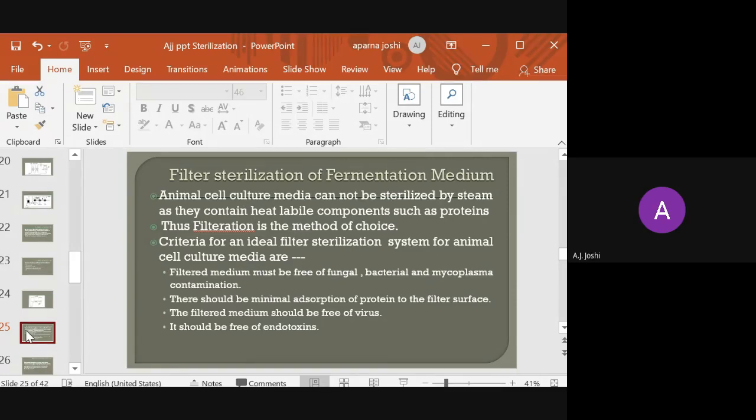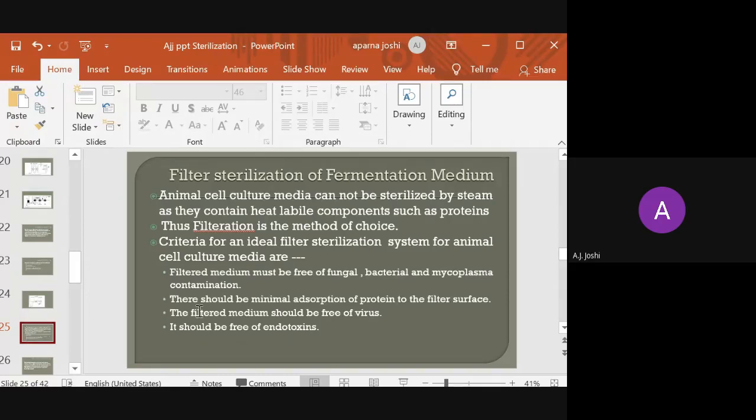So before actually inoculating the animal cells, the media should ideally be free of fungal, bacterial and mycoplasma contamination. Whatever filter we use should be capable of retaining all these types of microbial cells like fungi, bacteria and mycoplasma. So this is the first criterion for an ideal filter sterilization.